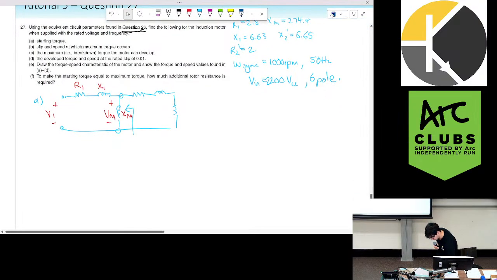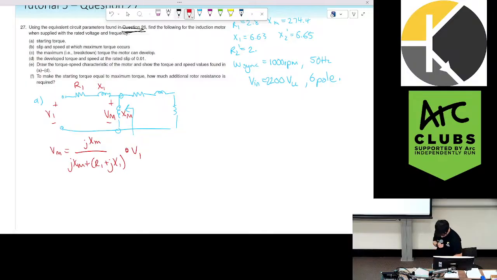So we have Vm will be jXM over jXM plus R1 plus jX1. So that's our voltage division there. If I sub in all of the values, I will get 1240.3 volts.